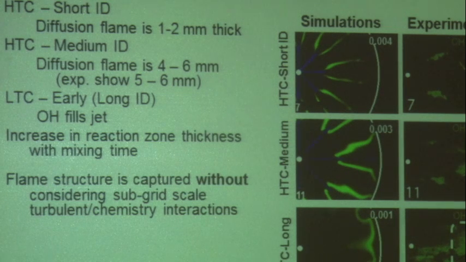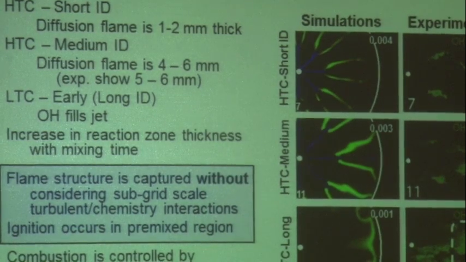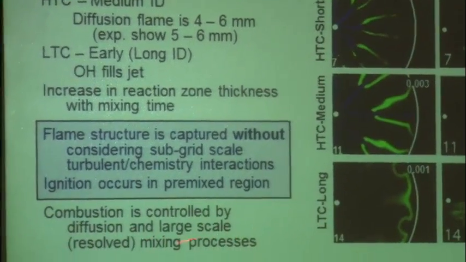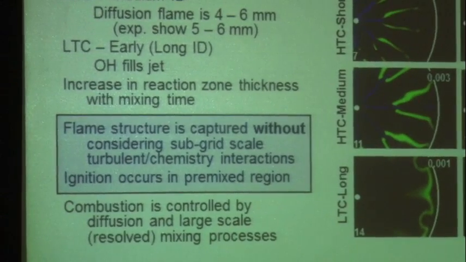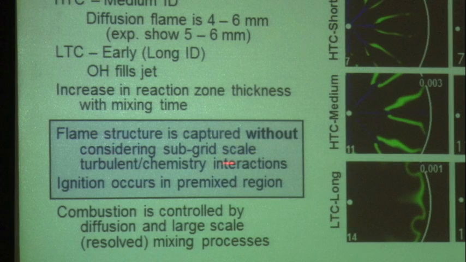Each computational cell is a well-stirred reactor, and basically the only effect of turbulence is to provide large-scale mixing processes. So in entraining the air into this jet, the flame structure is captured without having to make any kind of postulate about a subgrid scale mixing and combustion process.